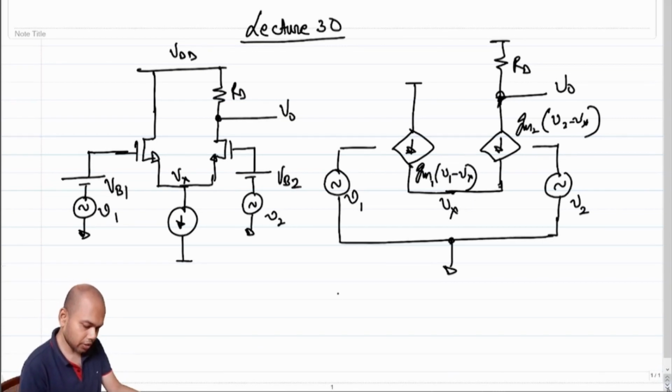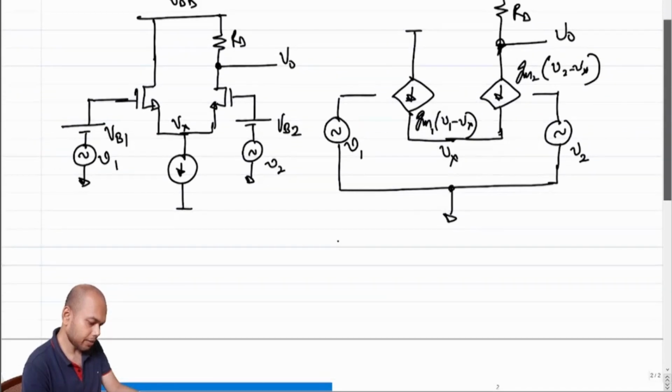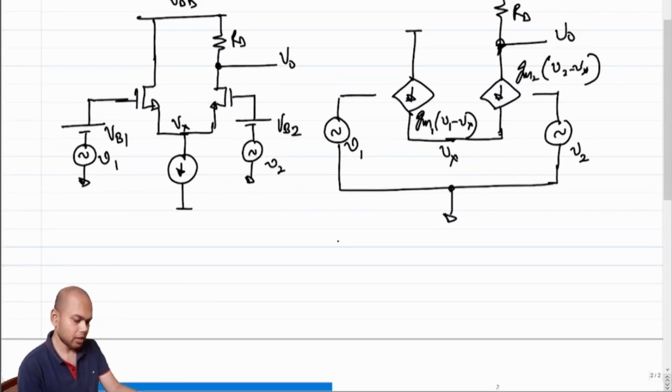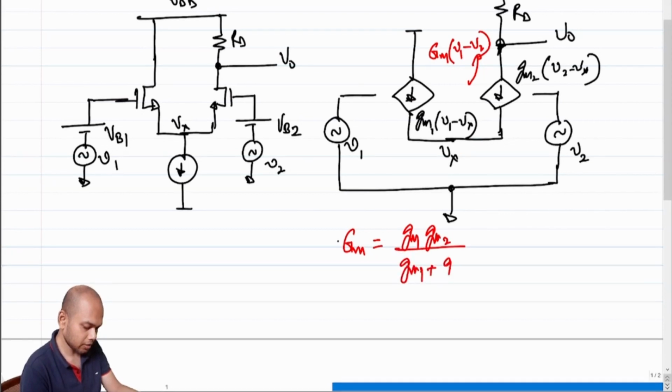And what did we see? We saw that the incremental current that is flowing into the resistance Rd, after we did KCL, KVL and all those applications, was proportional to some proportionality constant Gm times (V1 minus V2), where Gm was Gm1 Gm2 by Gm1 plus Gm2, right?